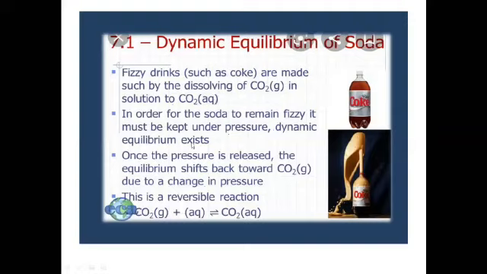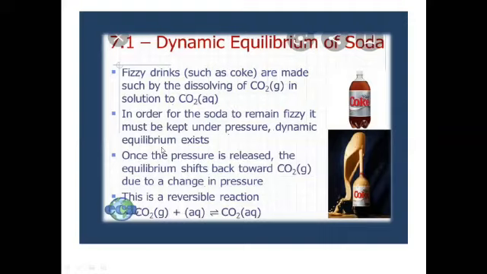But once the pressure is released, how can the pressure be released? By opening the cap of the bottle. When we open the cap of the bottle, what will happen? The carbon dioxide which was in the dissolved form will be converted back into the gaseous state.